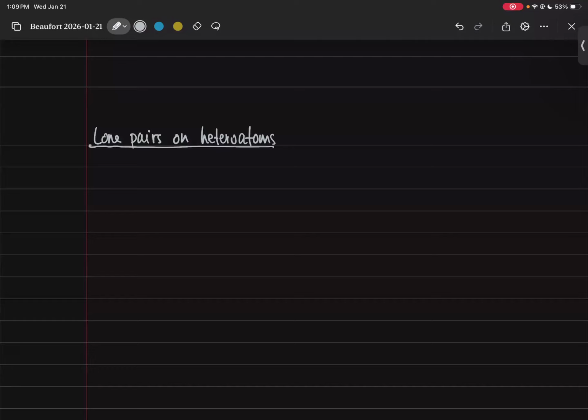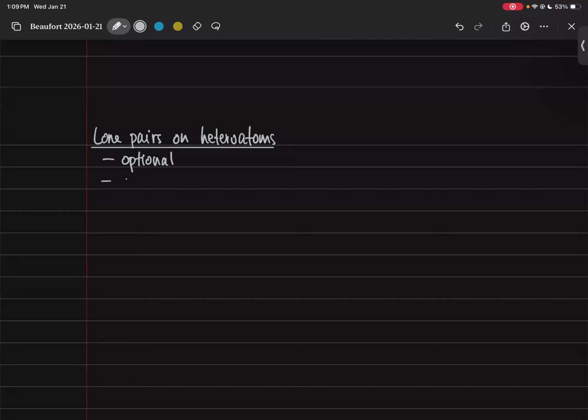So again, we did this at the beginning with our practice, but lone pairs on heteroatoms in skeletal structures are optional. Good practice to draw, but optional.